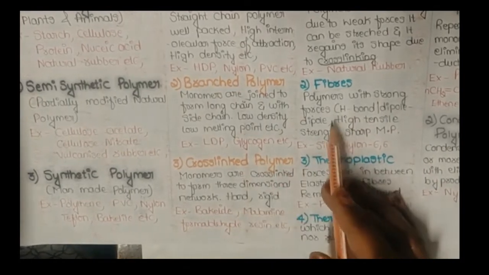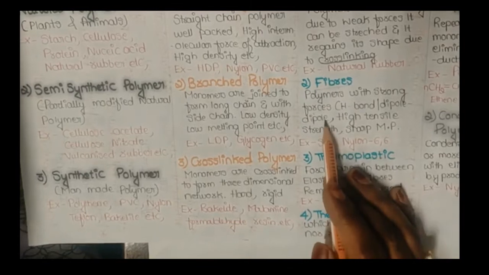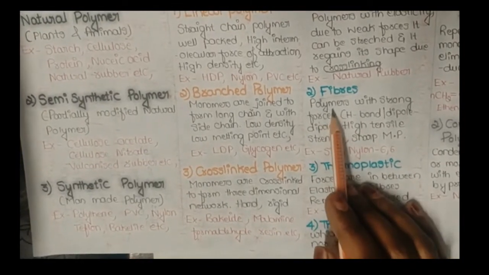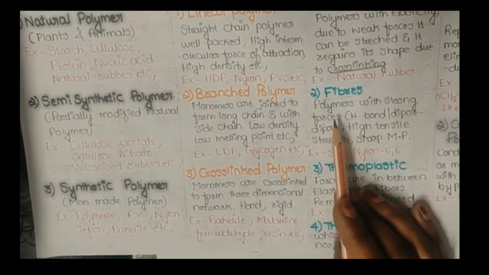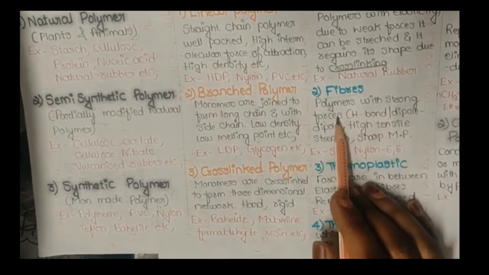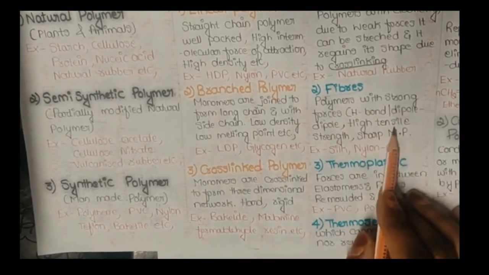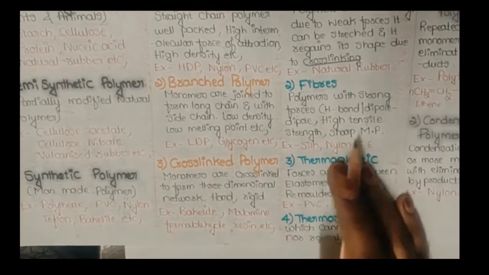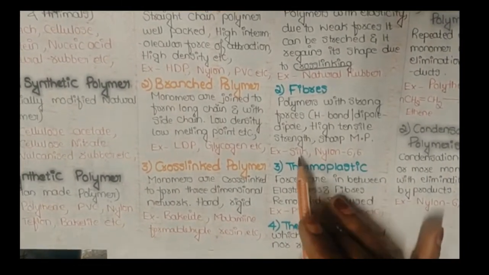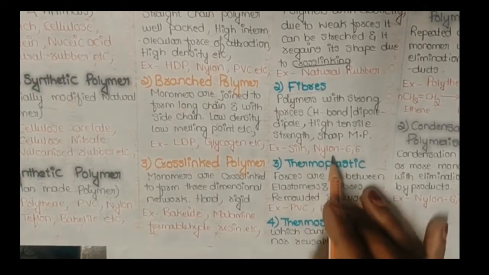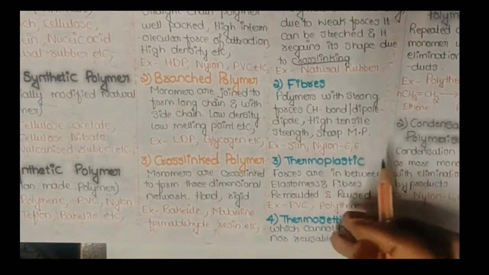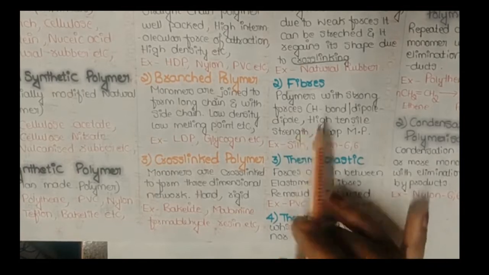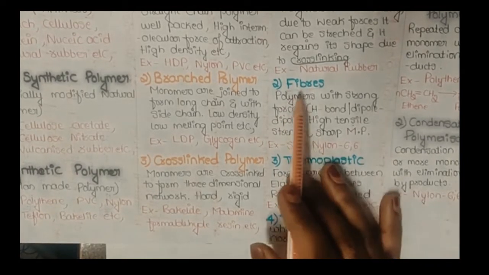So all those are the strong intermolecular forces of attraction which exist in these polymers. And due to high intermolecular force of attraction, they have very high tensile strength and they have a sharp melting point. So the best example is you can take silk, nylon 66, nylon 6, any fabric can be taken as an example for fibers.